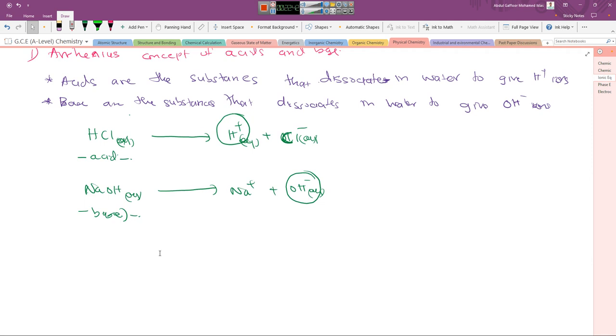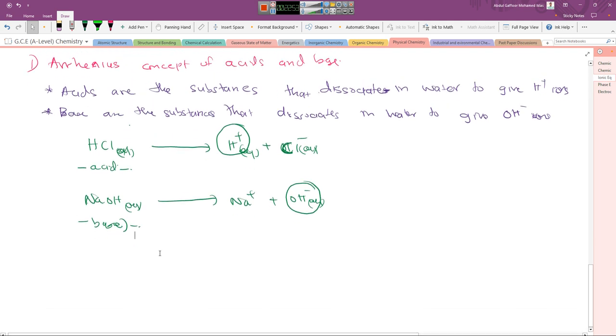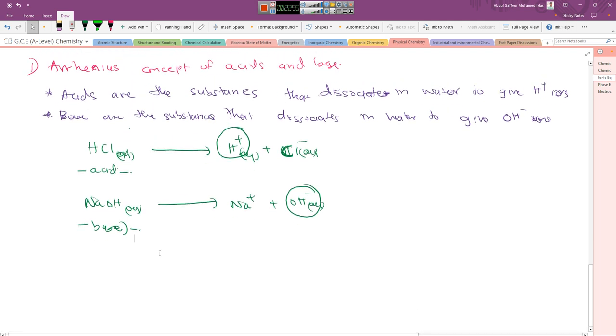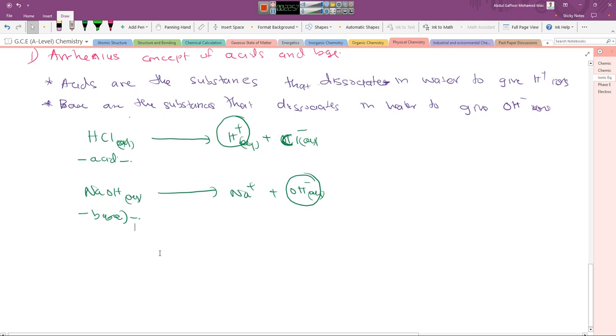We are not going to talk about their personal lives; what we need is their definitions only. In the Arrhenius concept of acids and bases, we have two major limitations.